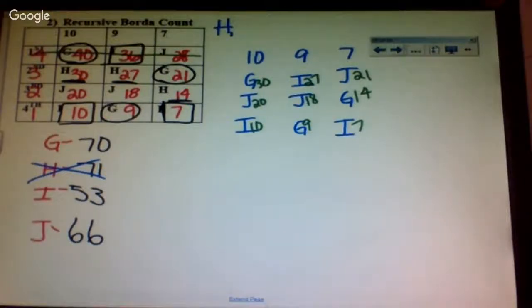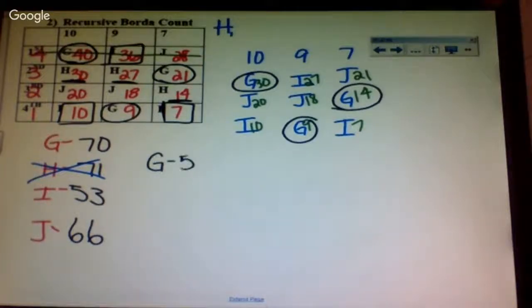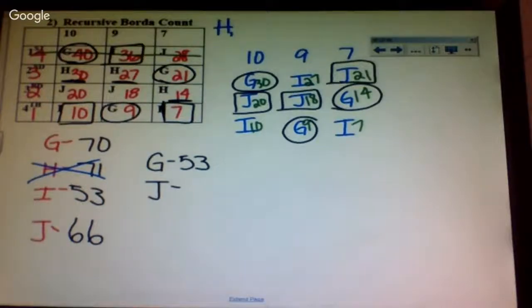And we count all over again. So G has 30, 9, and 14. J has 20, 18, and 21.